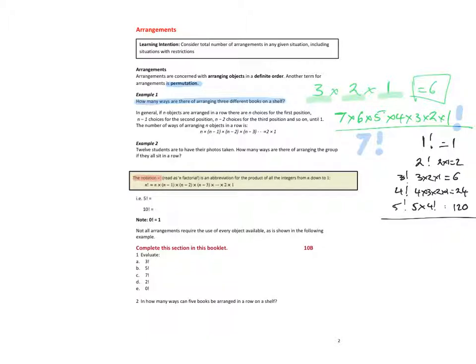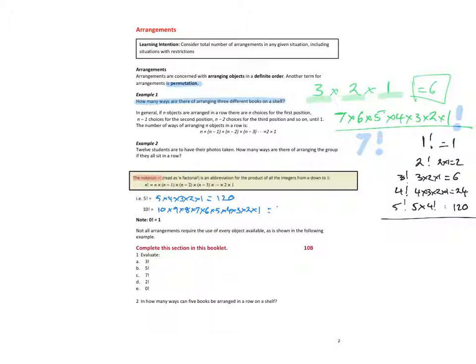So for example, 5 factorial is 5 by 4 by 3 by 2 by 1, which is 120. 10 factorial, I don't have a calculator on me, boys. 10 by 9 by 8 by 7 by 6 by 5 by 4 by 3 by 2 by 1 gets a bit messy.